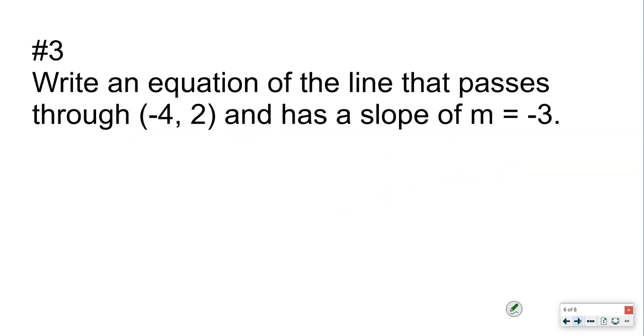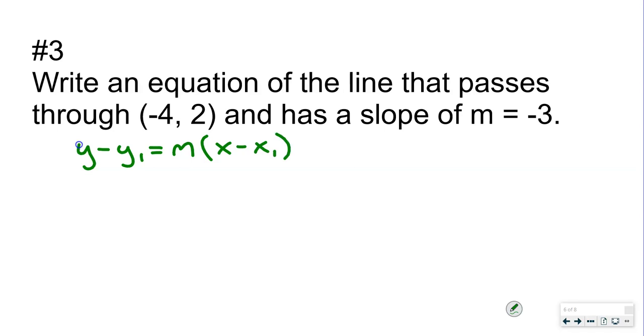Example number 3, write an equation of the line that passes through negative 4, 2 and has a slope of negative 3. So we know the slope and we know a point. So we should use point-slope form because we know a point and we know the slope. So our point-slope form was y minus y1 equals m times x minus x1.